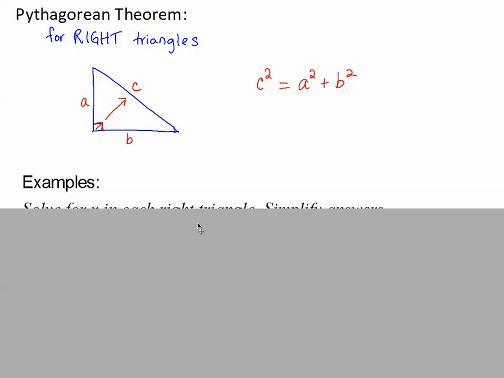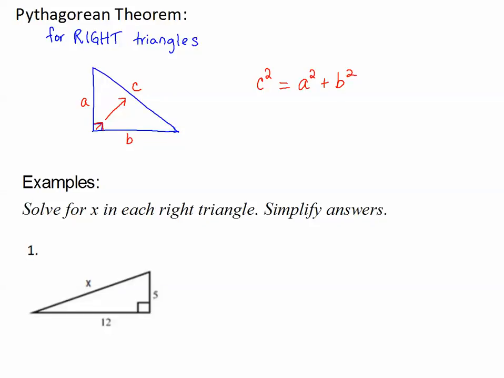Let's take a look at the first example that you have. Solve for x in each right triangle. Simplify answers. So noticing in here that the right angle is pointing to this side, this is the hypotenuse, so this is our C. Let's write C squared equals A squared plus B squared and plug in the numbers that we have.